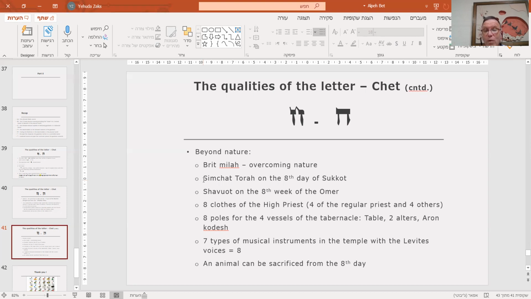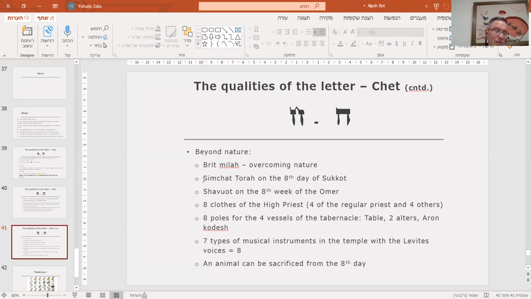And then the beginning of the 8th week, the 50th day, is Shavuot, because that's when we commemorate our connection with the supernatural. The Kohen Gadol, the high priest, who's in the temple. The temple is the one point on earth where, while it's on earth, it's connected to the supernatural.